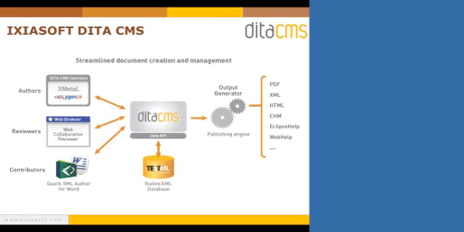So you've got your authors, reviewers, contributors that change the content or work on the content. The CMS at the core with its native XML database, and at the other side we have our output generator, which produces the content to the different deliverables.